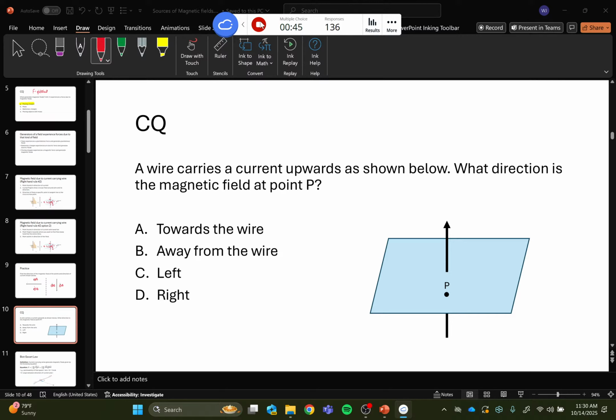Yeah, point B, so this is like a flat piece of paper. Really hard to draw three-dimensional. So this is some point in front of it.